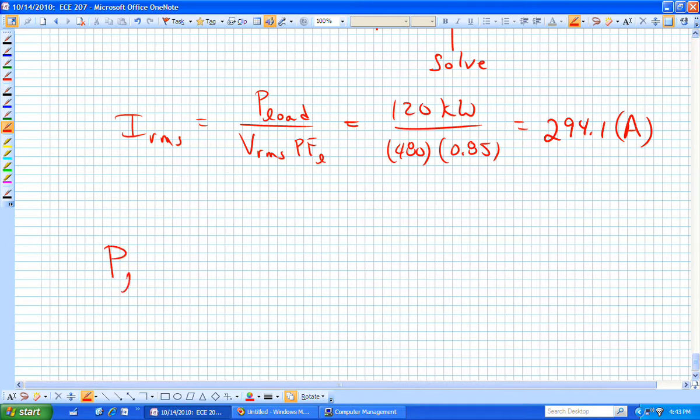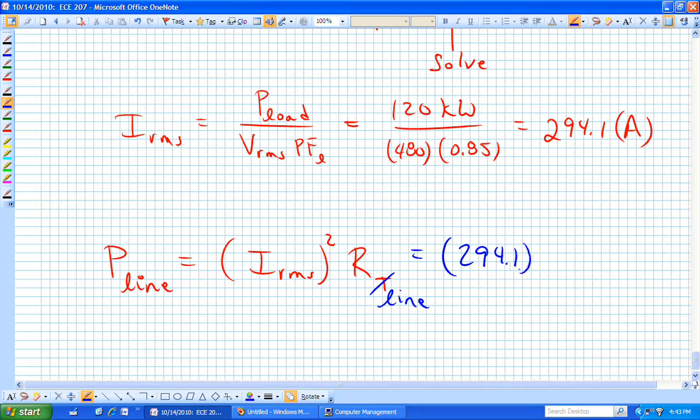So the power on the line is now I sub RMS squared times the resistance of the transmission line. That's now 294.1 squared.